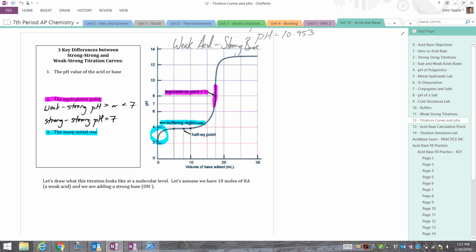So right when we start adding the base, we set up the buffer, but right initially it's going to have a very quick rise in pH. Okay, so it rises quickly, but then levels off.